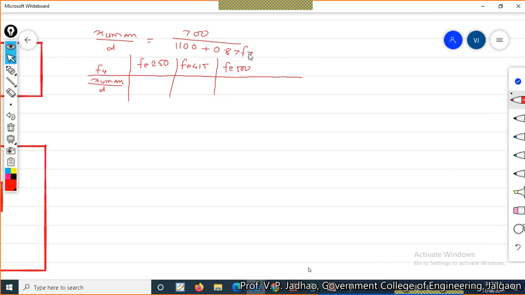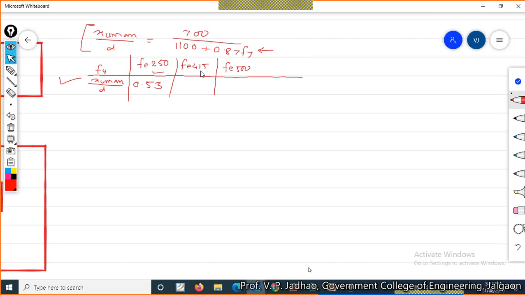If we put Fy equal to 250, we get Xu max upon d equal to 0.53. These values you have to keep in mind, rather than keeping in mind the whole formula and calculating each time. Xu max upon d for Fe 250 is 0.53.